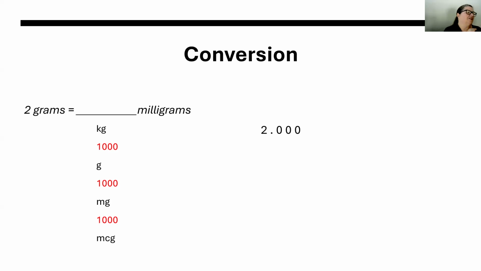So let's look at our conversion here. We're trying to decide how many milligrams is equal to 2 grams. Those of you who are smarty pants out there can go, well, if there's 1,000 milligrams in a gram, then that's 2,000. You would be correct.